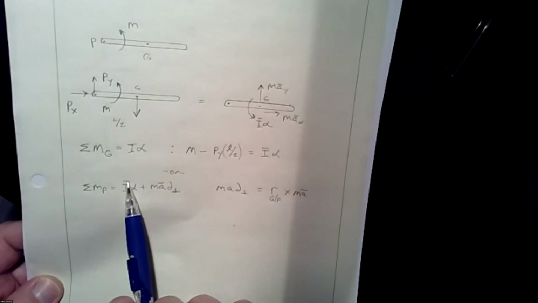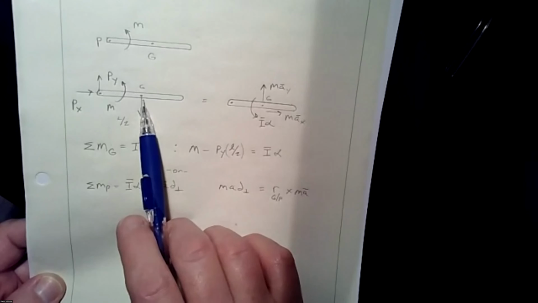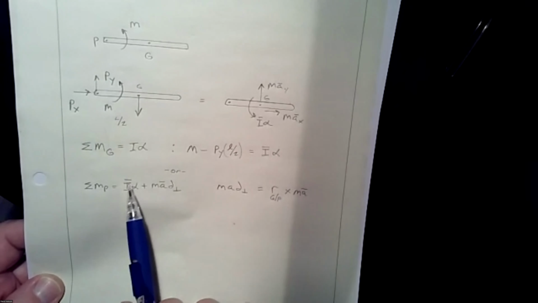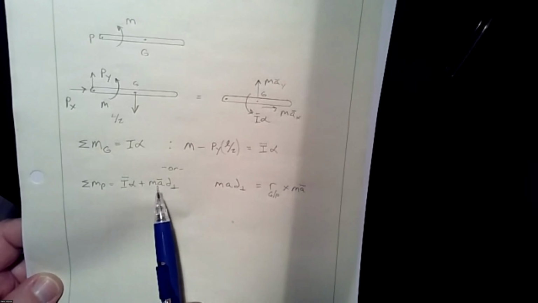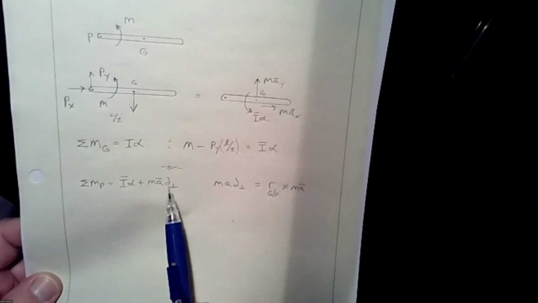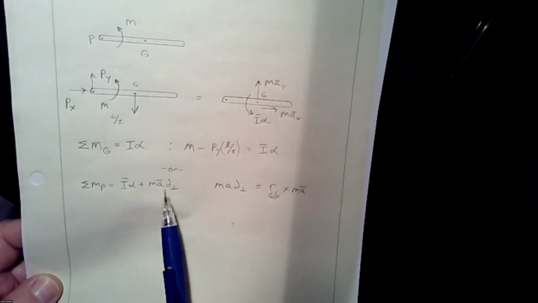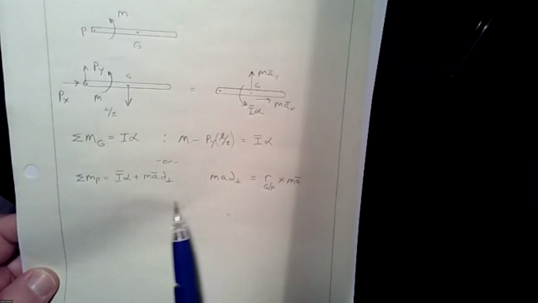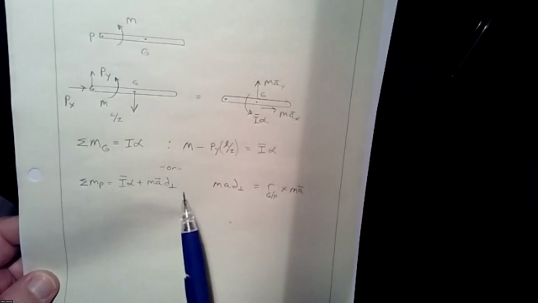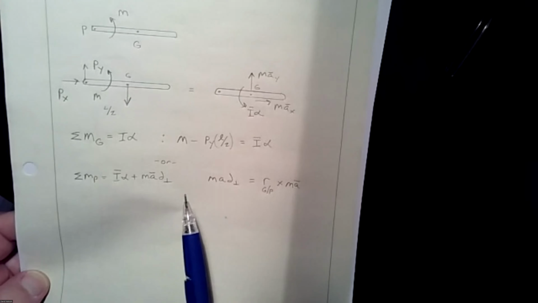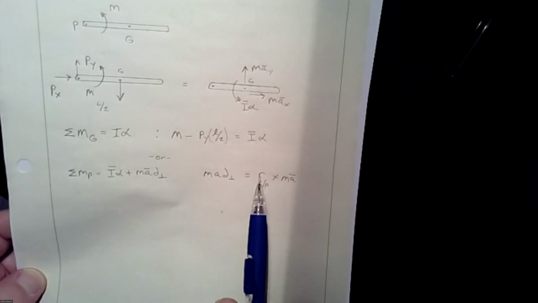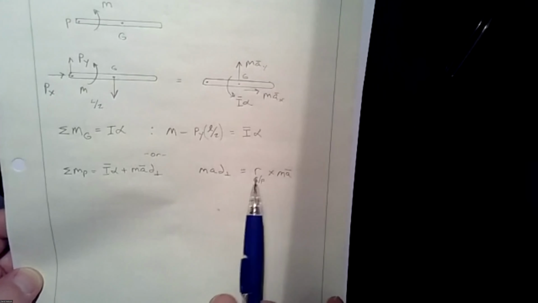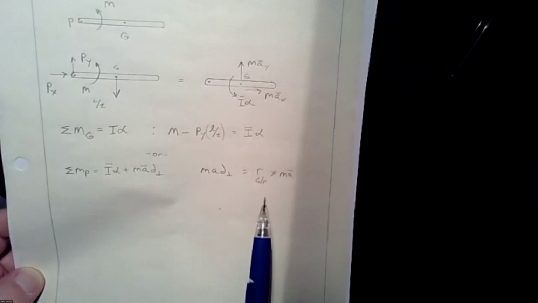Remember, the I bar means it's at the center, the moment of inertia of the center piece, not somewhere else. Notice there's no m r squared term there, times its angular acceleration. But you add this m a d perpendicular. The book talks about it very briefly and could probably do a better job of describing it, but we'll do lots of examples so hopefully it'll square away in your head. You can also write this as r cross m a if in 3D, which we won't get much into in this class.